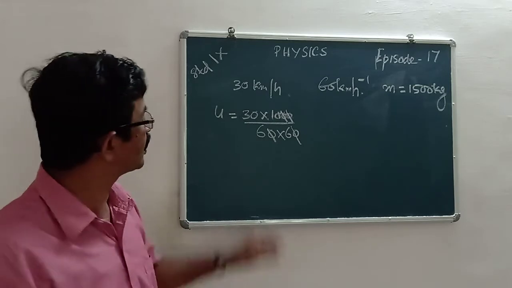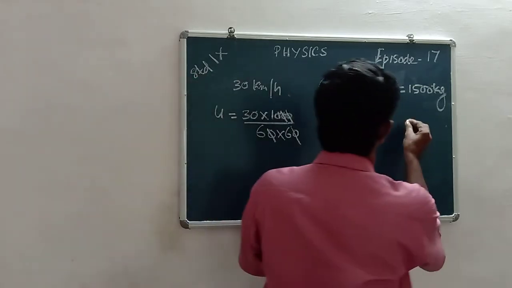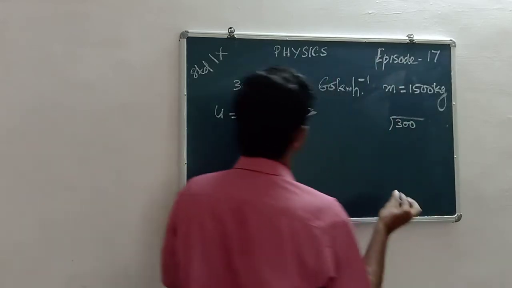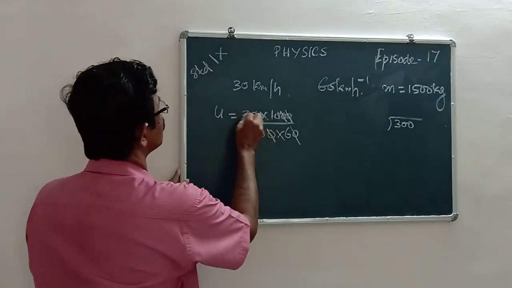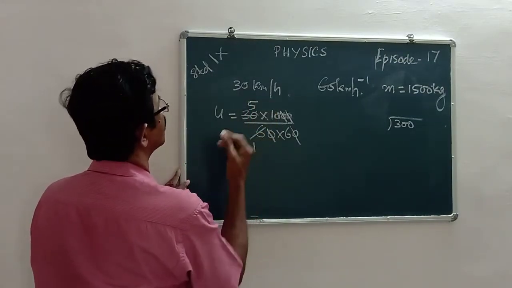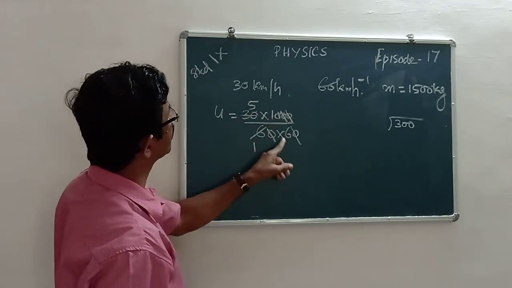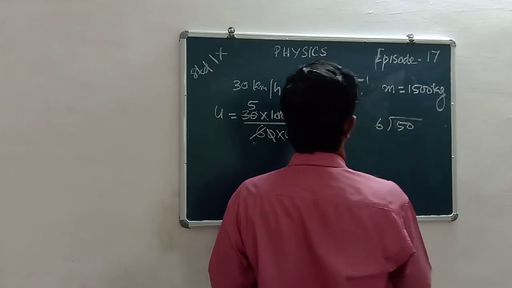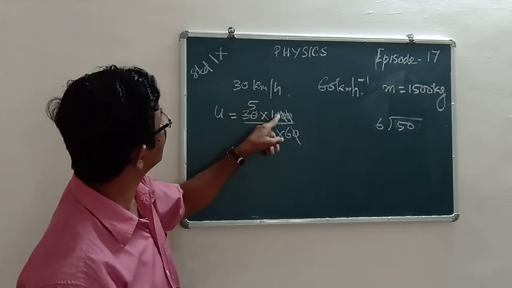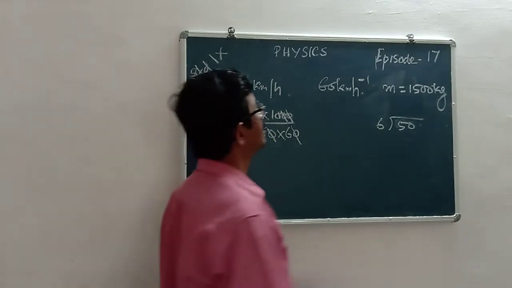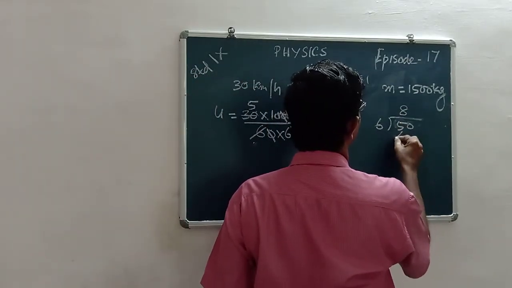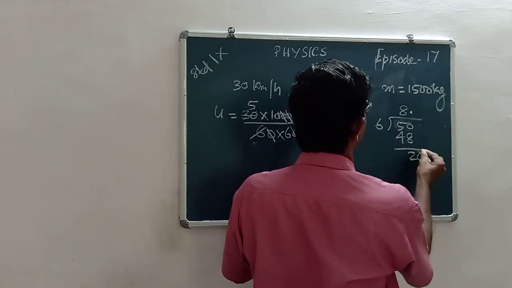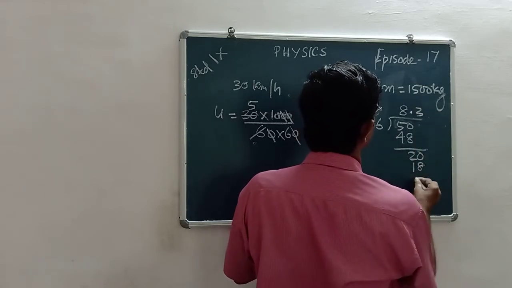Again we can divide once more: 5 into 10, 50 by 6, which is 8.33.